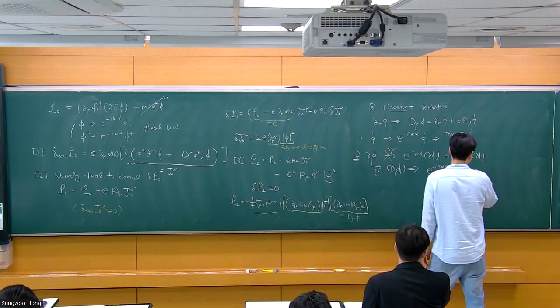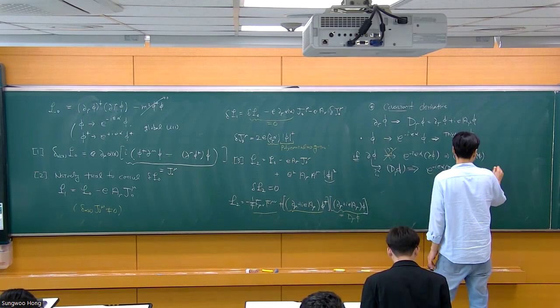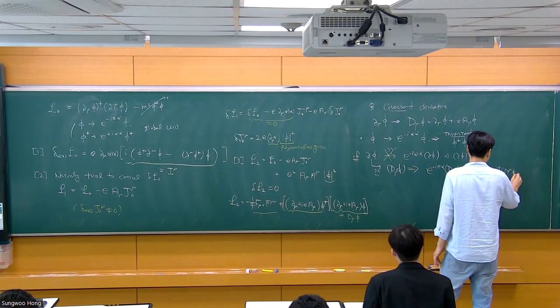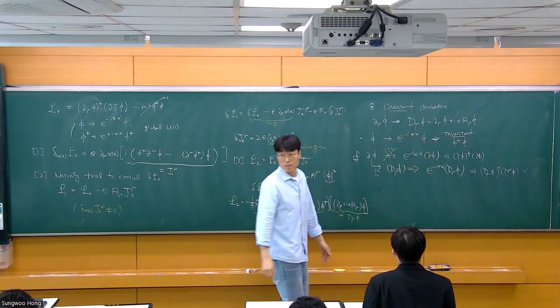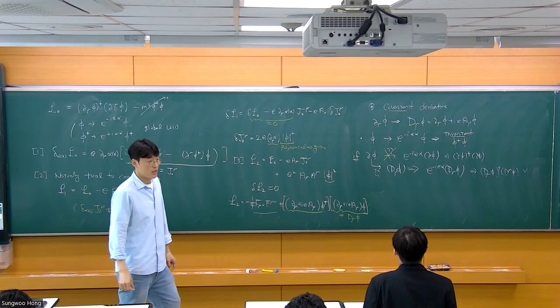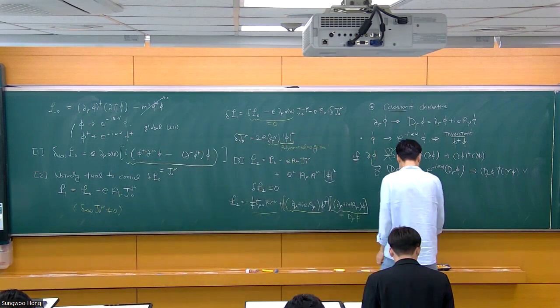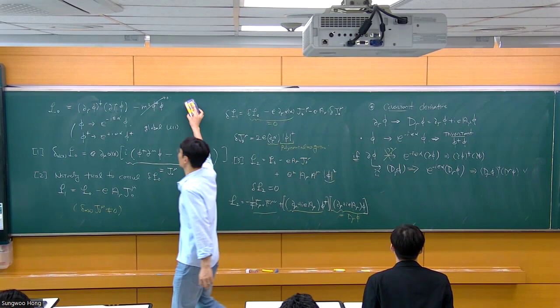If that was the case, it's immediately clear how to construct an invariant. That's the motivation. Now let's actually work out how we can construct that, which is not that difficult.